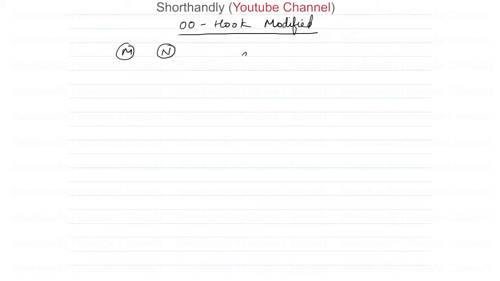Suppose we have a word called mood. Instead of making the mood word like this, we will be making the mood word like this.